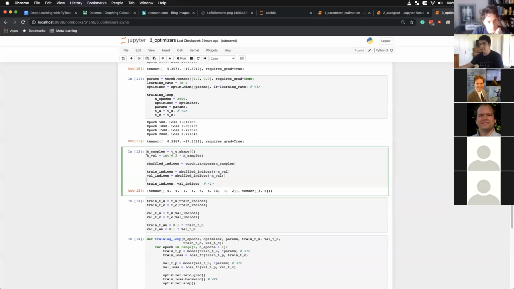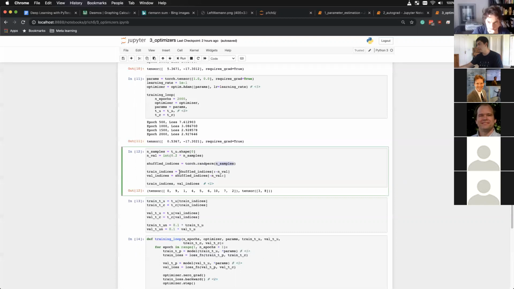So I think in the last section of the chapter, they're showing that we can split a train and validation set using this torch.randperm section. Basically this is saying the number of samples, so the size of our data.